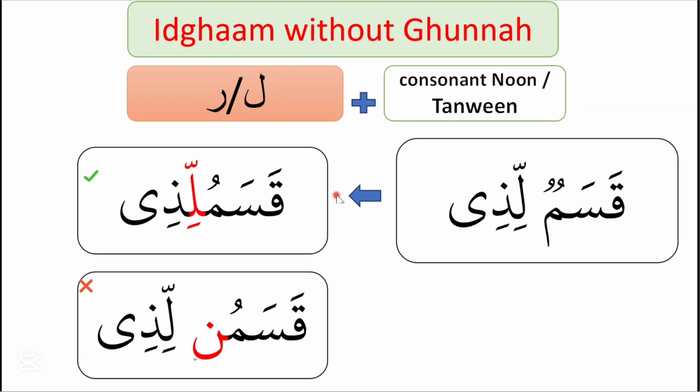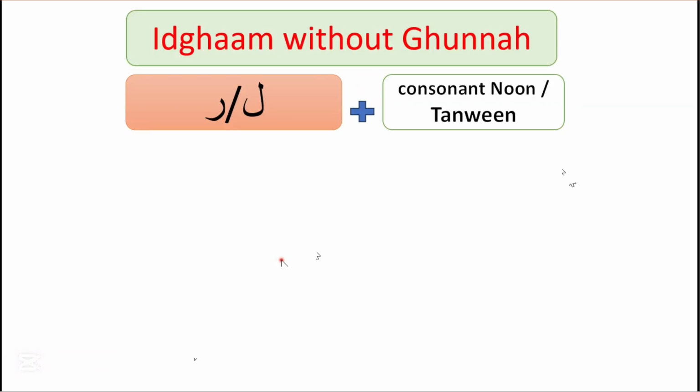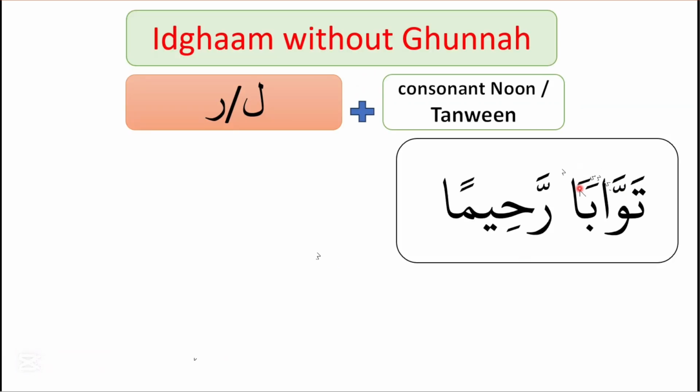This rule can happen with all three kinds of tanween. Here our example is tanween dhamma, but this can happen also with tanween fatha and tanween kasra. Here we take one example for tanween fatha.